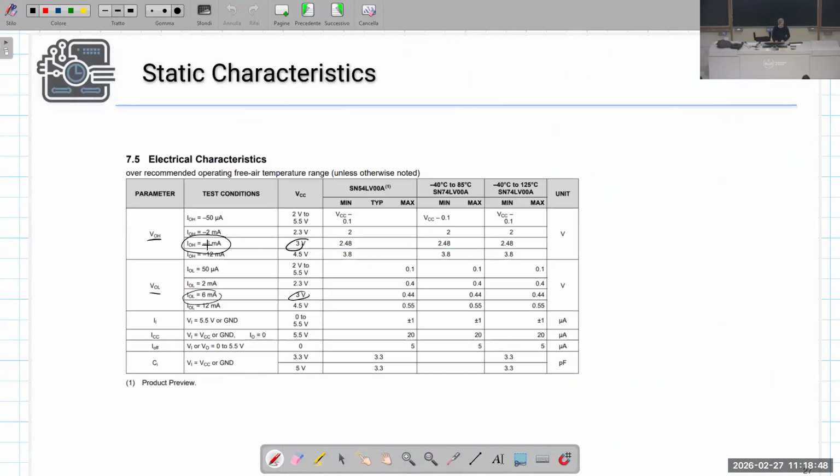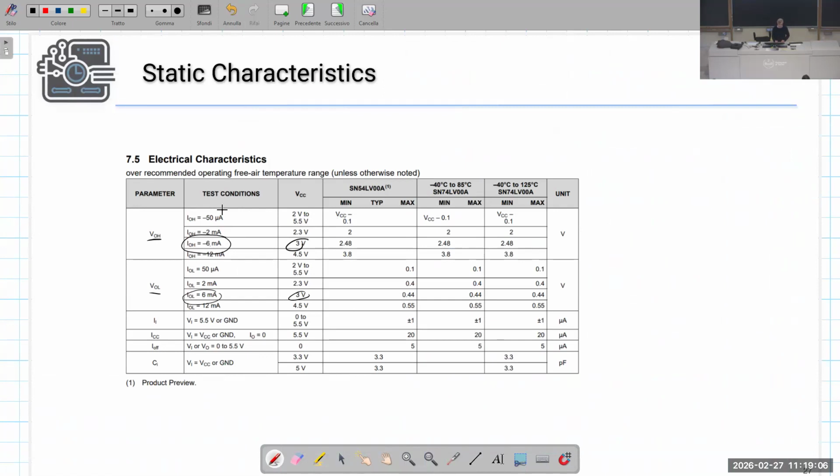In this table, it is specified that the minimum guaranteed output voltage at the high level is VCC minus 0.1 with an output current of minus 50 microamps.